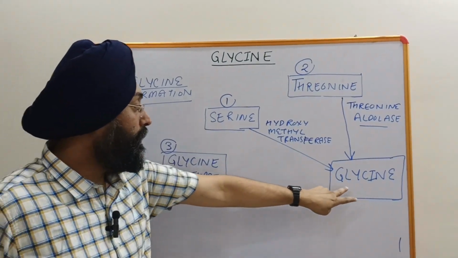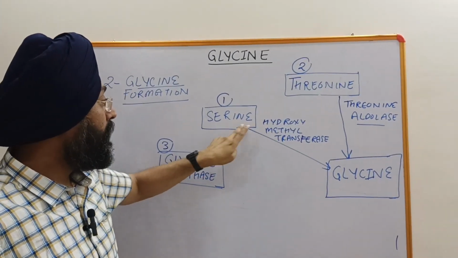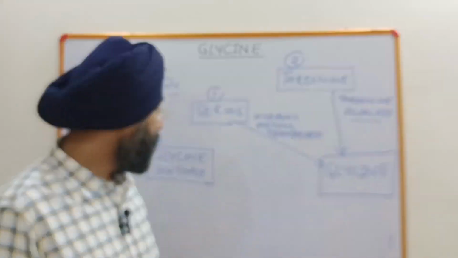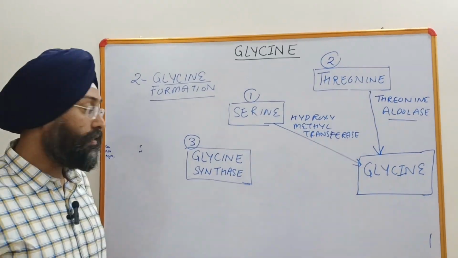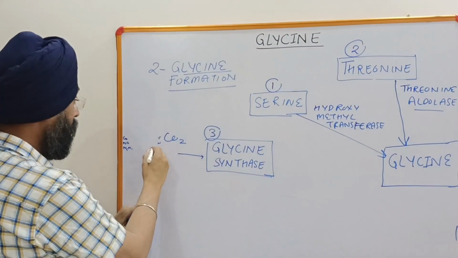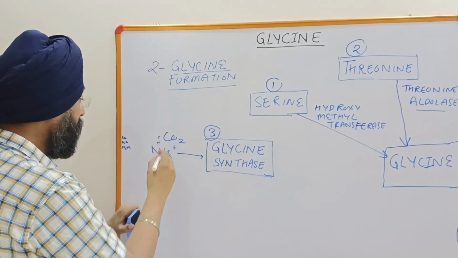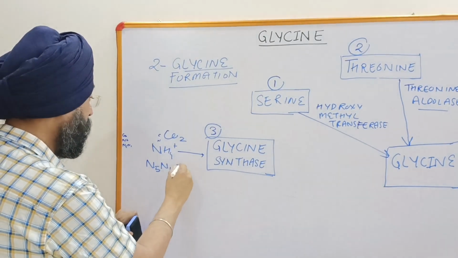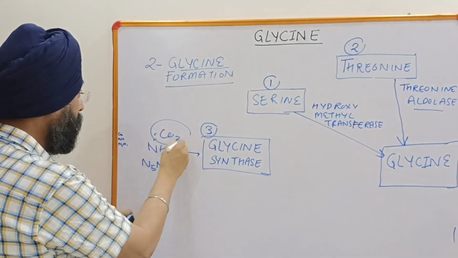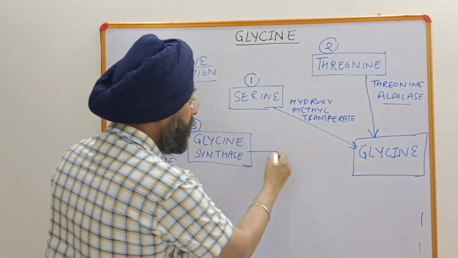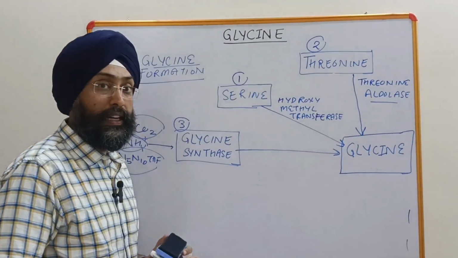So glycine can be synthesized from serine by serine hydroxymethyl transferase, from threonine by threonine aldolase, and the third is glycine synthetase. So we'll take carbon dioxide, ammonium ions, and N5,N10-methylene tetrahydrofolate. These three together with glycine synthetase will result in the formation of glycine.